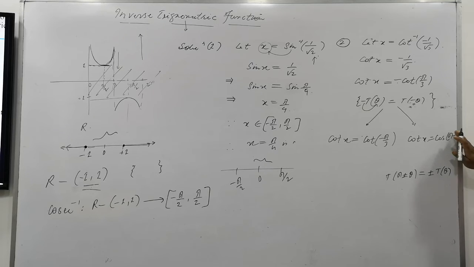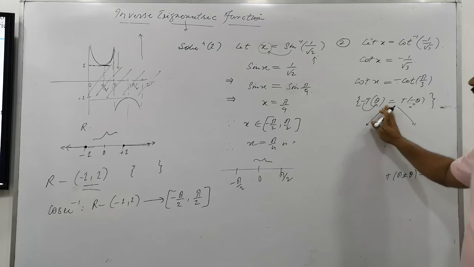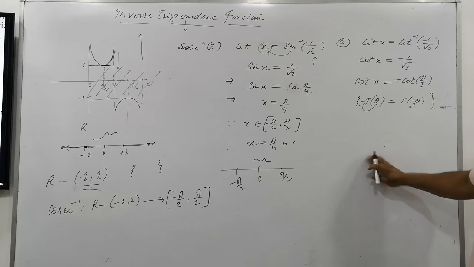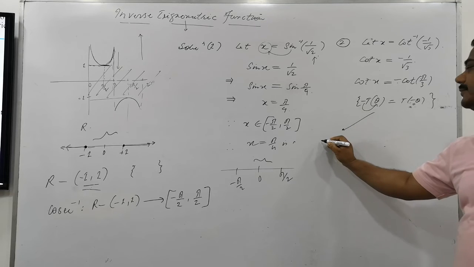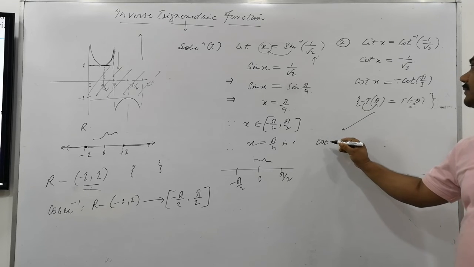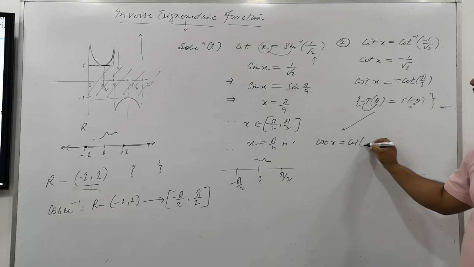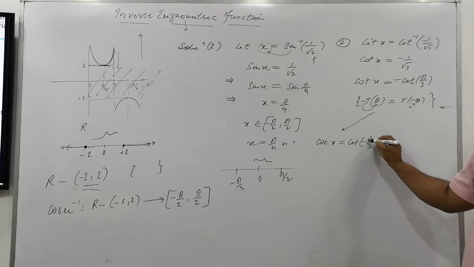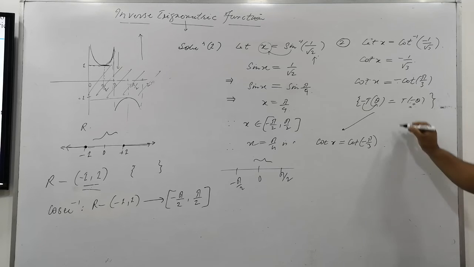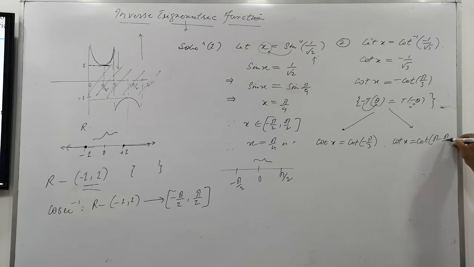So what is that here? I'm writing this. Cot minus pi by 3, and second, cot of x is equal to cot of pi minus pi by 3.